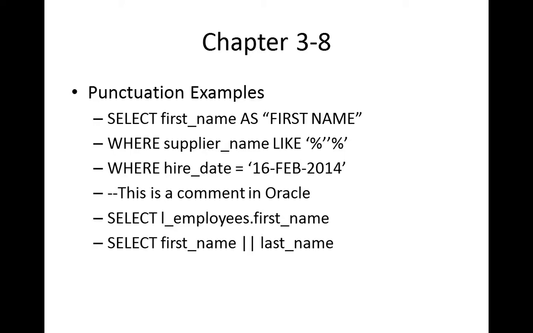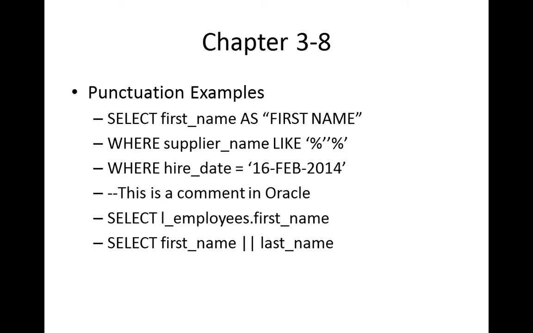So we use L underbar employees, which is the table or the entity, dot, and then the first name that we're looking at. We'll also find out, I think in chapter 4, where we can even create aliases for the different entities we're using in a select statement, and that works very well.